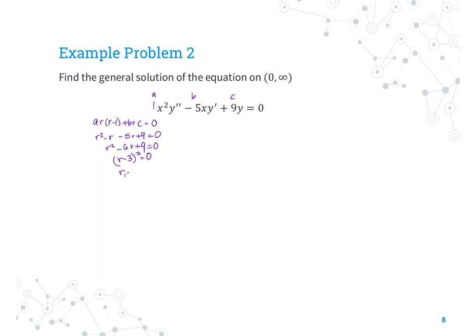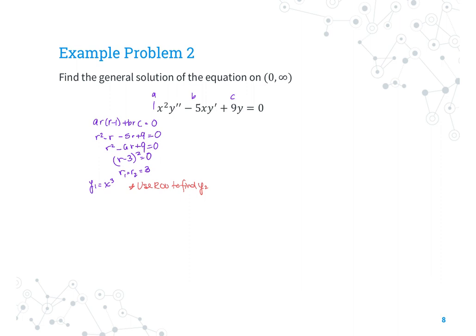So r1 equals r2 equals 3 here. So we know then that y1 is going to be x cubed. We're going to use reduction of order to find y2.